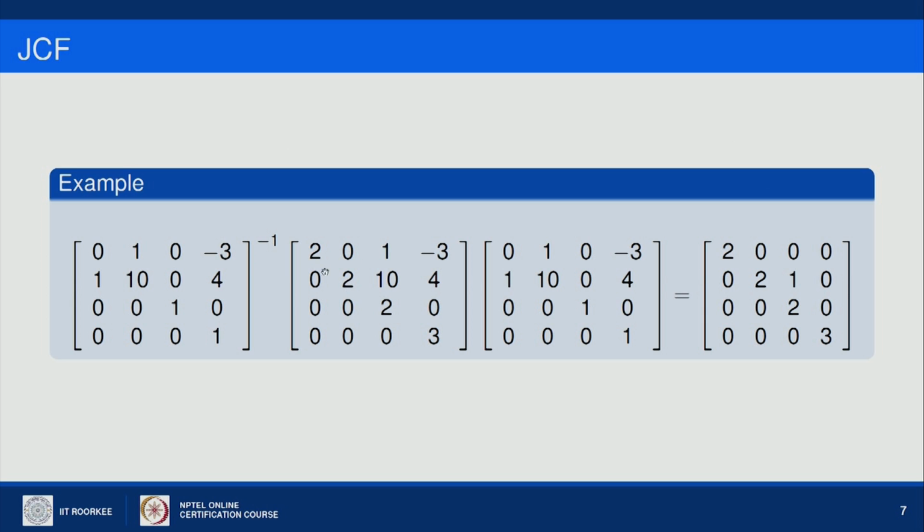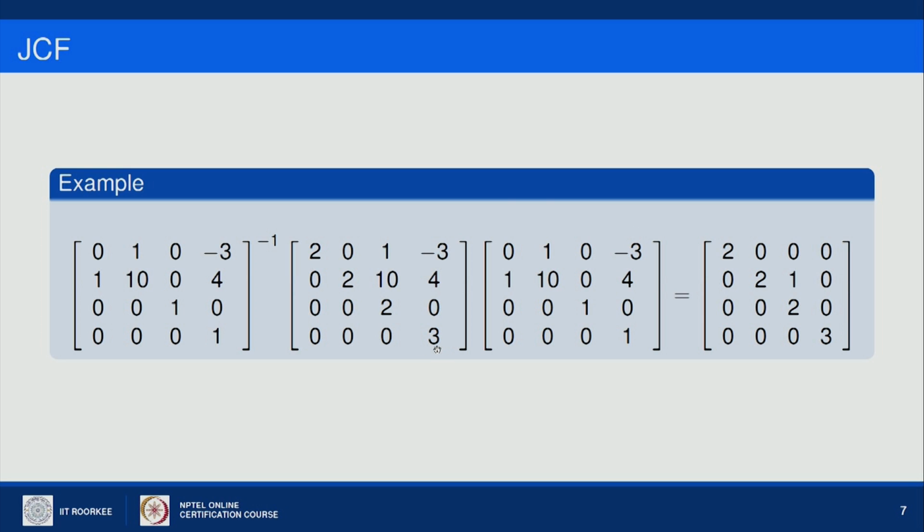So A is this upper triangular matrix, and P inverse A P comes out as my matrix J, which is the Jordan canonical form of A. In the Jordan canonical form you can see this is a 1 by 1 block corresponding to eigenvalue 2, this is a 2 by 2 block corresponding to eigenvalue 2, and this is a 1 by 1 block corresponding to eigenvalue 3.